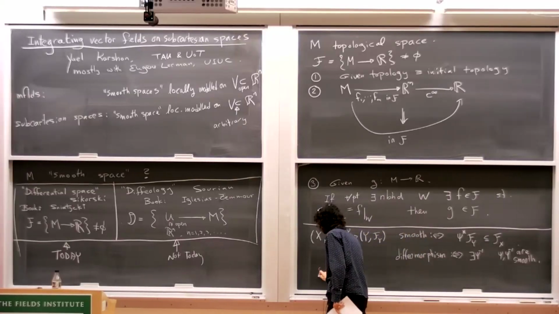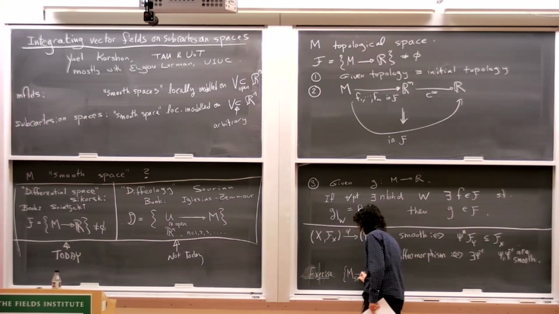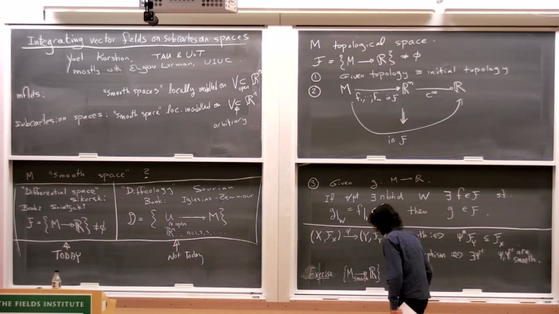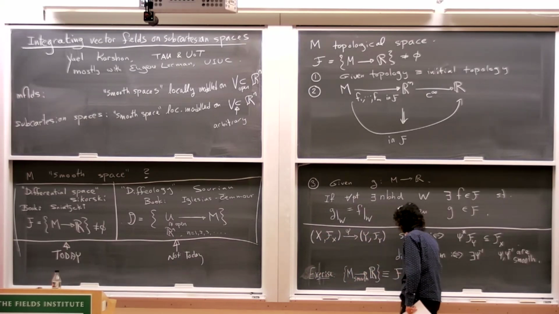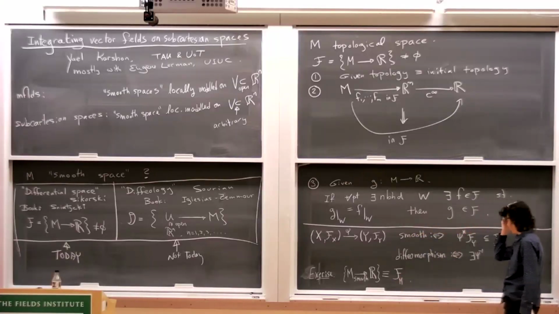In fact, a little lemma or exercise with these definitions: if you take a differential space and you take all the smooth maps from it to R, where R is equipped with its natural differential structure, that's the same thing as the given collection of functions that was a priori attached to the differential space. So the notion of smooth map is not ambiguous here.